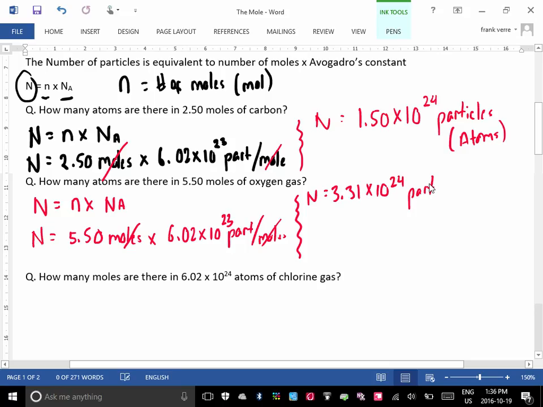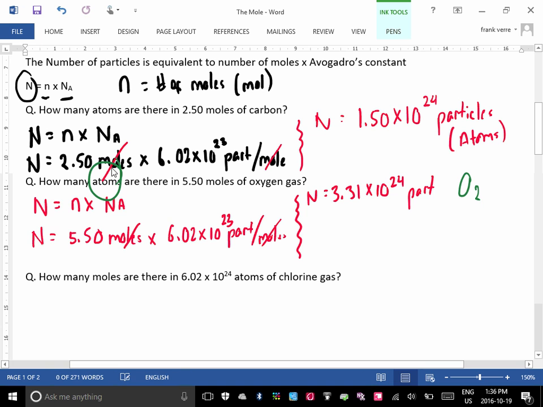The thing is, think about oxygen gas, right? What is the formula for oxygen gas? It's O2. So the question is not asking you about particles specifically, it's asking about the number of atoms. So how many atoms are in one particle?